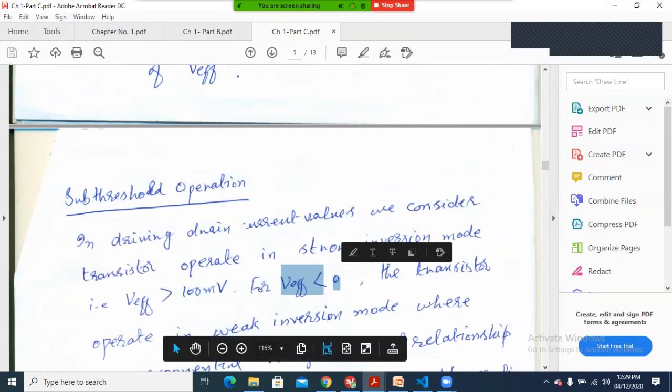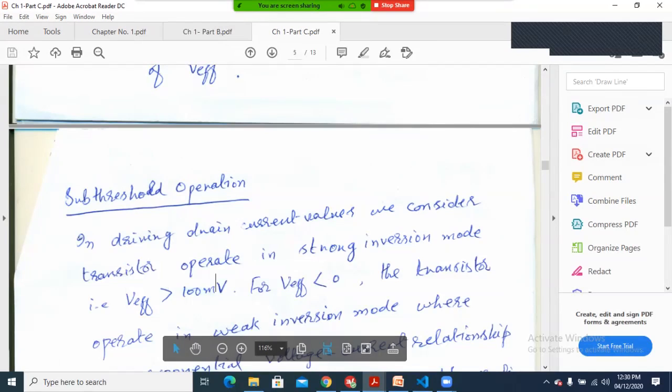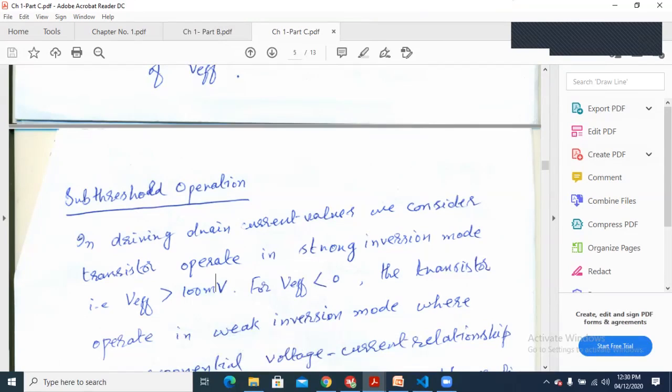And we have the moderate inversion when the value of Vov is around 90 millivolt, and for Vov greater than 100 millivolt, we have the strong inversion. And after this, we have the mobility degradation. So we have derived the transistor relationships in the strong inversion mode.